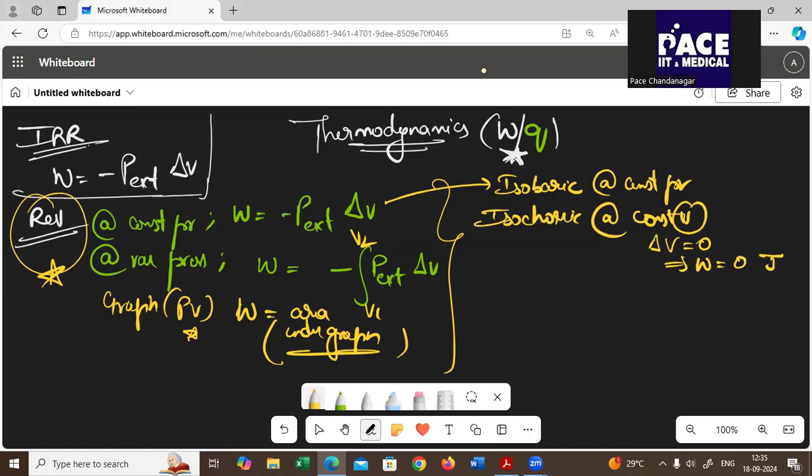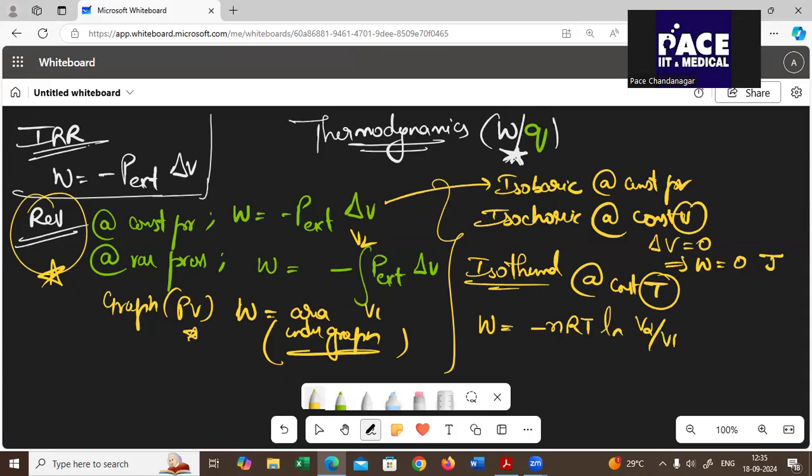Then isothermal, which means at constant temperature. At constant temperature, work done is minus nRT ln V2 by V1. Or I would just say ln turns out to be log, that will be minus 2.303 nRT log V2 by V1. That will be your work done for isothermal.